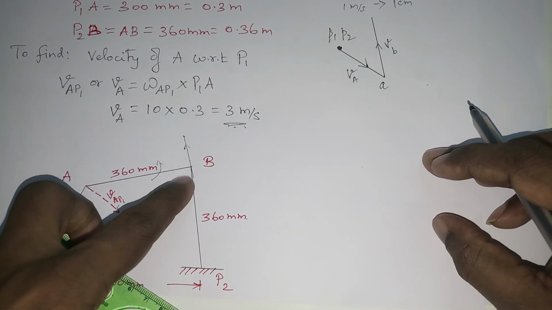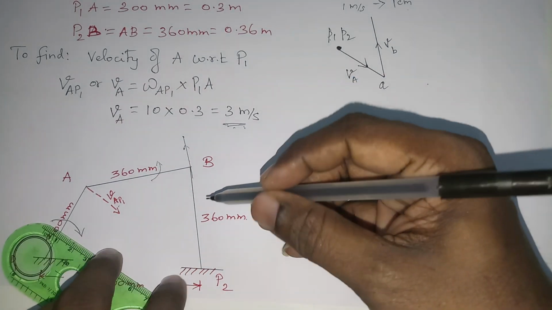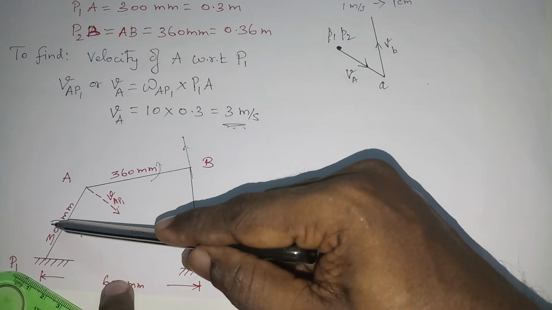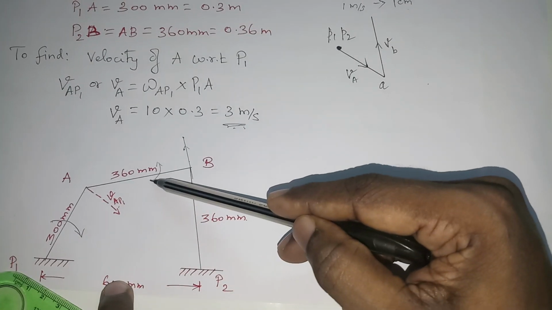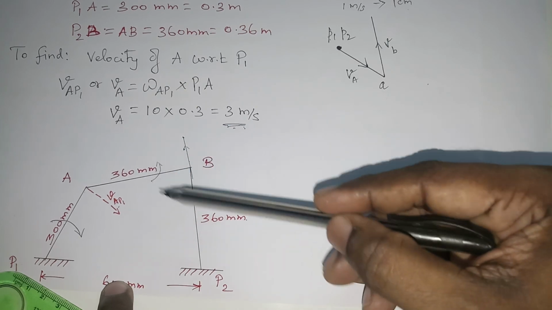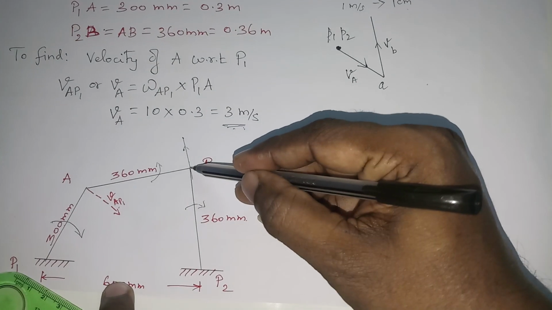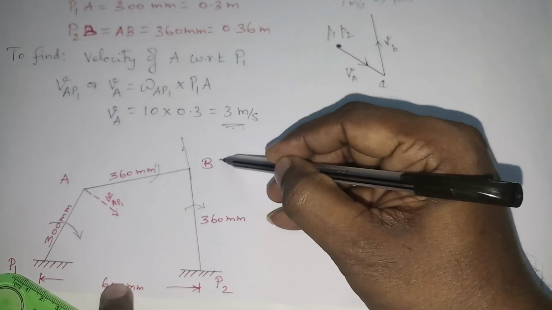Next one, this one is fixed, so the velocity will be acting here, and when the input is rotating clockwise, the other link will be rotating anti-clockwise. Okay, when this is going to rotate anti-clockwise, this is going to rotate in clockwise direction. Therefore the velocity will be acting perpendicular in this direction.